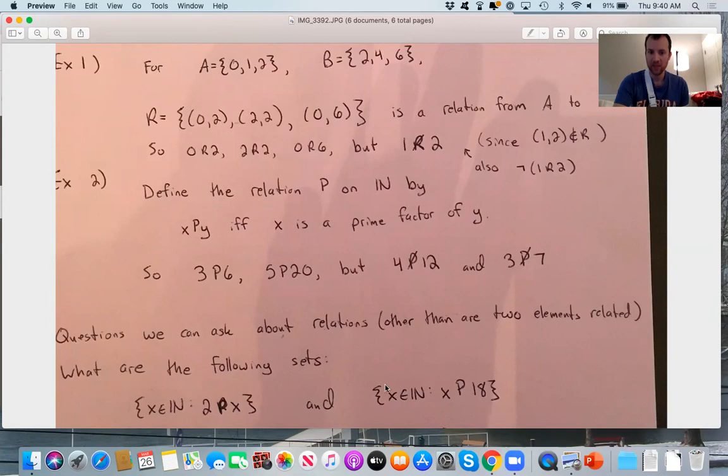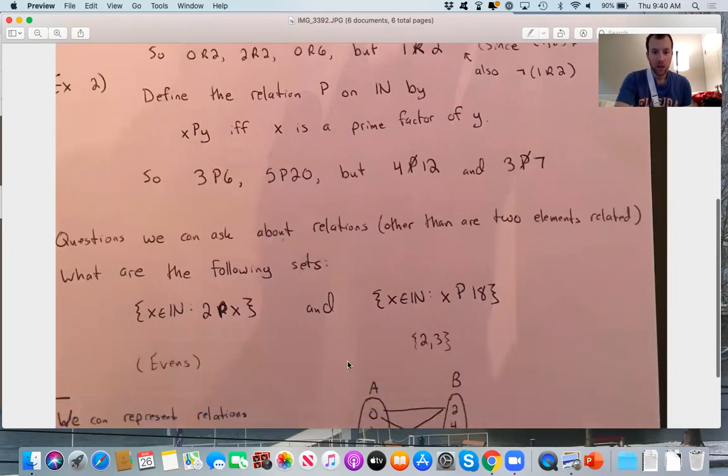And this one is saying find the x such that x is a prime factor of 18. So when we're deciding what property we're really looking at, the relation has these two variables, x and y, and here we filled one of them in, so these are properties that just have one variable in them. So the sets that we come up with won't be sets of pairs. These are just particular numbers which are related in some way to 2 or 18.